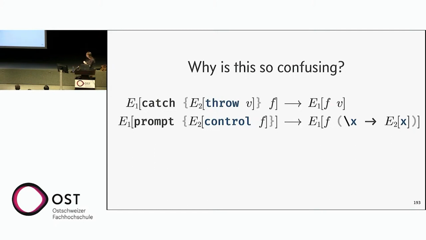There's an important difference between these 2 rules, and it's not just the capturing the continuation bit. Both of these operations have inner operators that trigger the discarding of some bit of the continuation, and this function here is used to resume execution after they take place. But that function comes from a different place for each of these 2 pairs of operators.